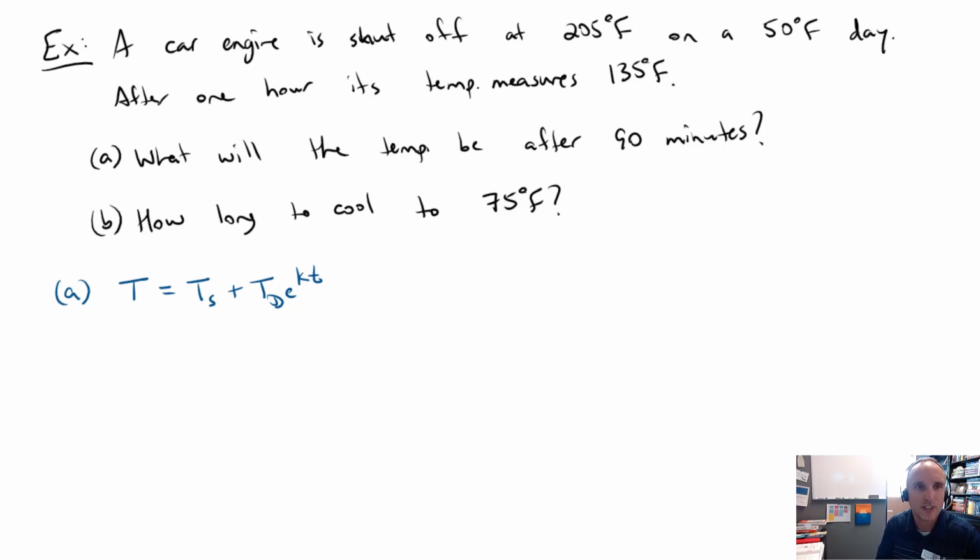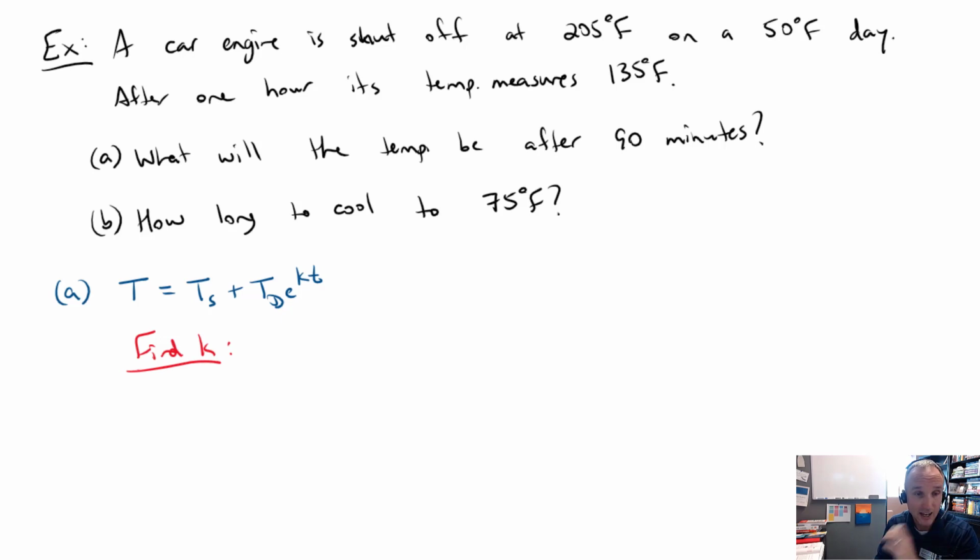After 1 hour, that means the time is 1, and its temperature measures 135 degrees Fahrenheit. That would be capital T. We'd still need T sub S, T sub D, and K. And I can tell nowhere in this problem is the value of K provided. So the first thing I need to do if I want to use this model is find K, using some given information.